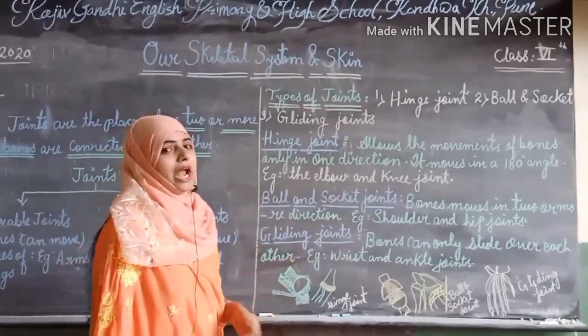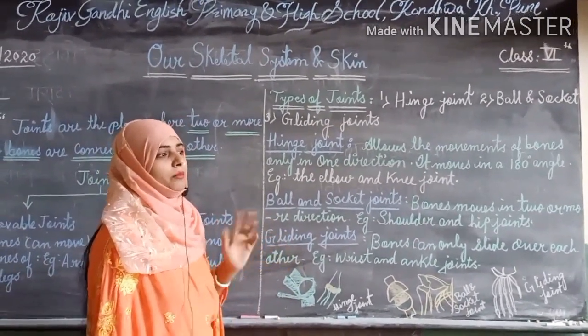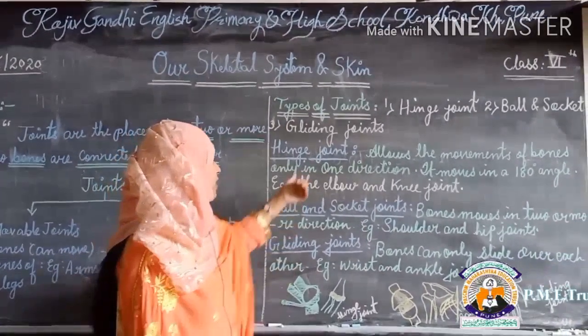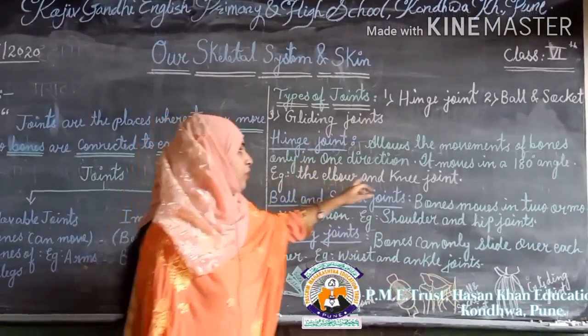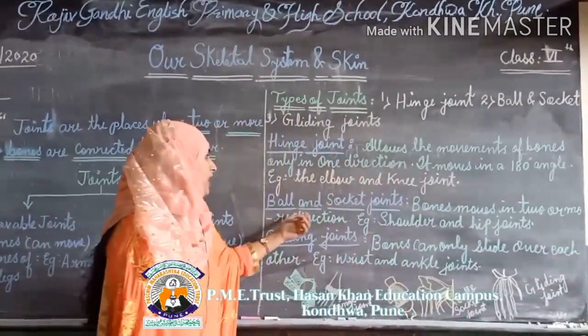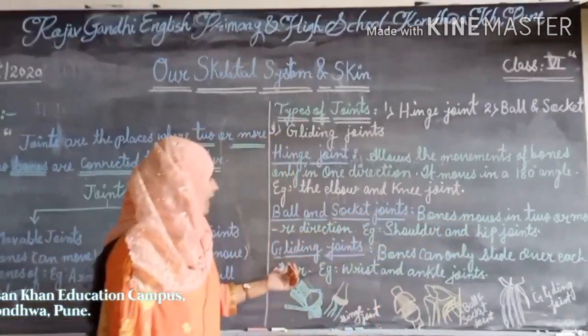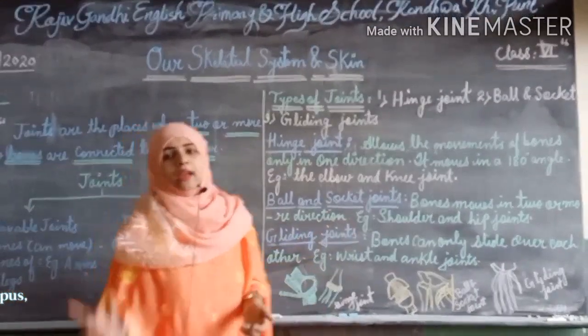And the gliding joints, as the word indicates, only slide over each other. The hinge joint has the elbow and knee joints, the ball and socket joint contains the shoulder and hip joints, and the gliding joint contains the wrist and ankle joints.